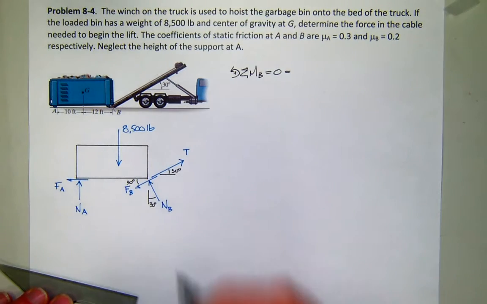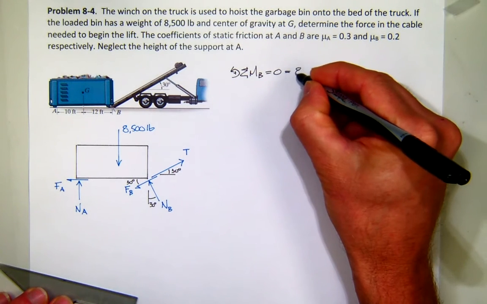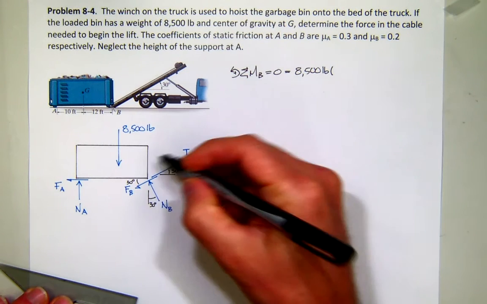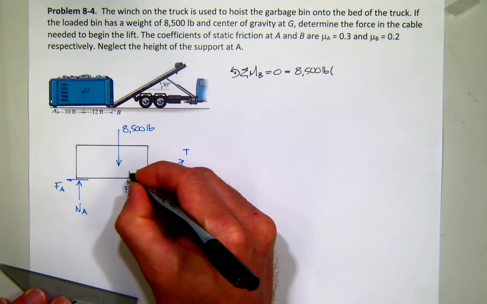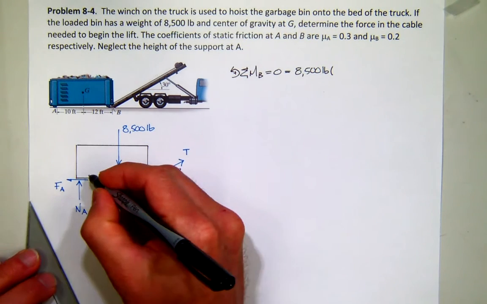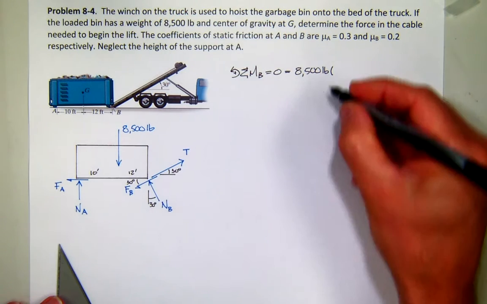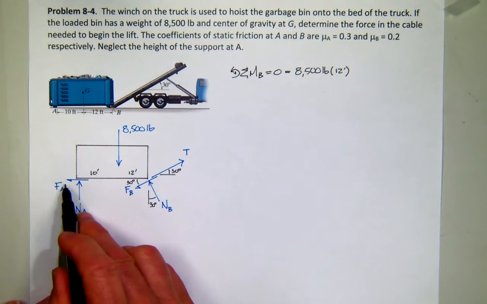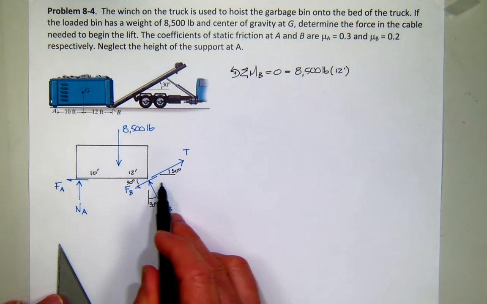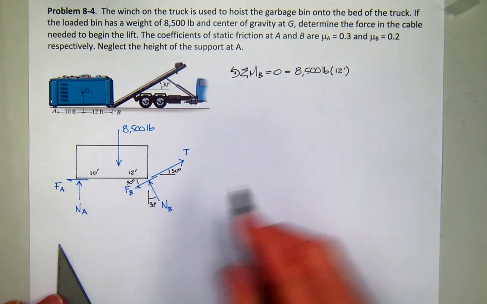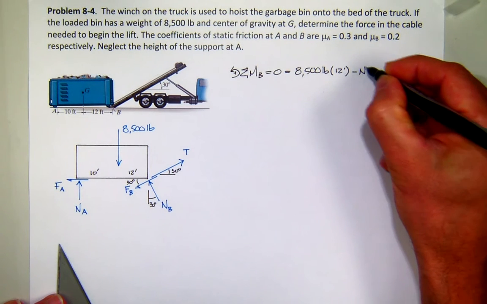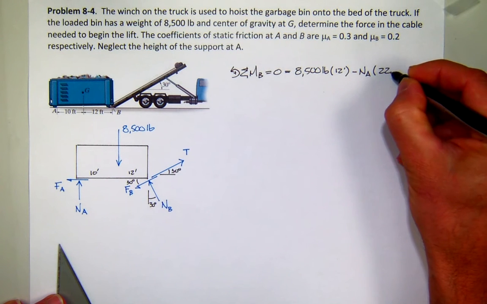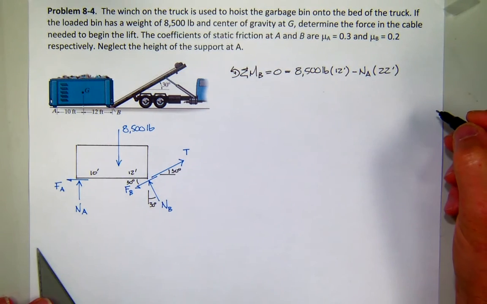So what do we have? We've got the 8,500 pound force, and it has a moment arm. I didn't draw that in there. That's 12 feet. The friction force at A is going to pass through B, so I just have the normal force. And that normal force at A would create a negative moment with a moment arm of 22 feet.